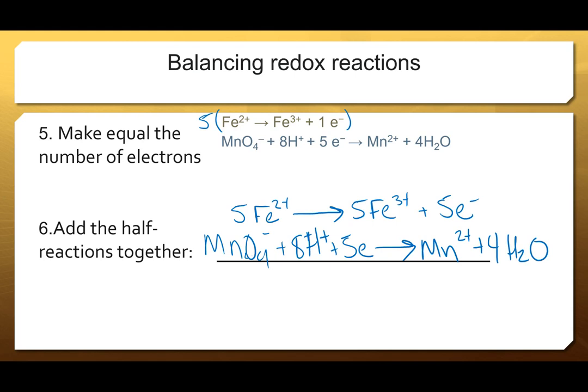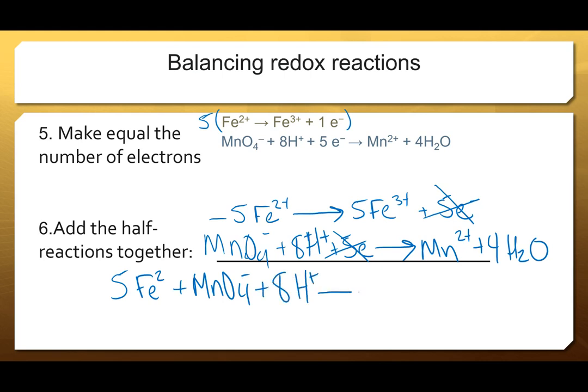Okay. So again, you can think of the electrons as intermediates, or think about the fact that we don't typically write electrons into chemical equations. So now I'm just going to keep everything on the reactant side of the arrow and just add it all together. So I've got 5 Fe from the first reaction plus manganese oxide and 8 protons from the second reaction.